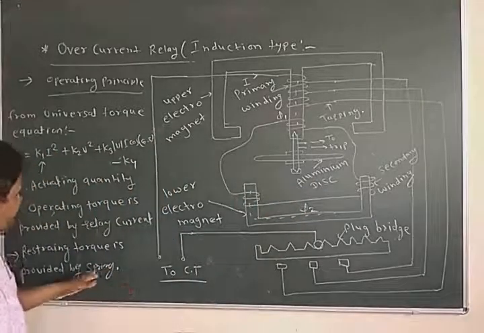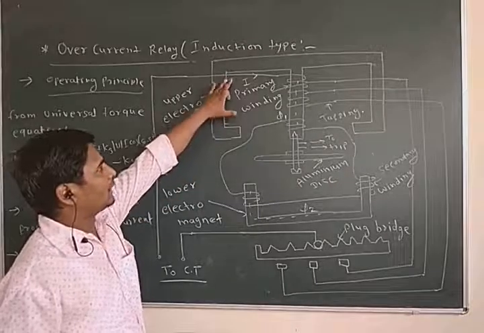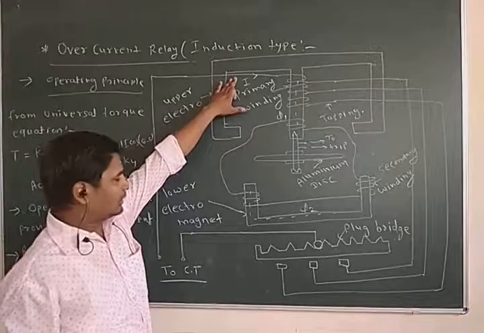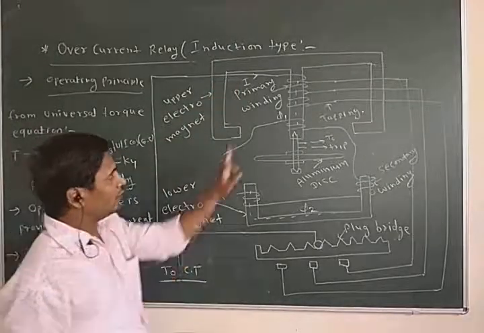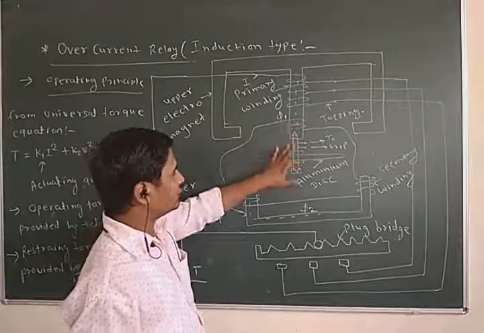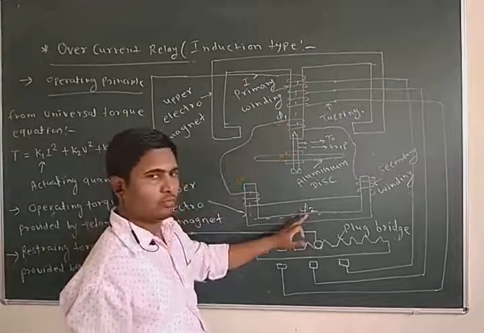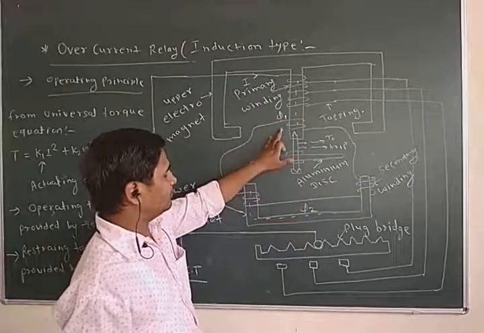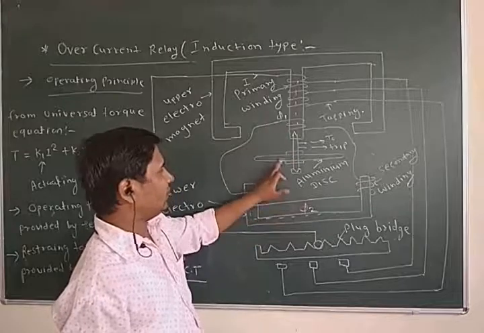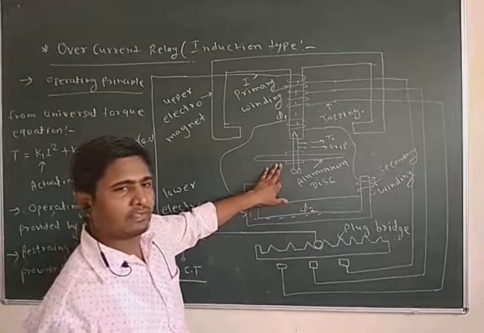Now, when there is any fault in the circuit, current is provided to the winding of the relay from the CT, due to which EMF is induced in the disc because there are two fluxes, phi 1 and phi 2, due to current flowing in the primary winding. Because of these two fluxes, EMF is induced in the disc and current also flows in this disc.